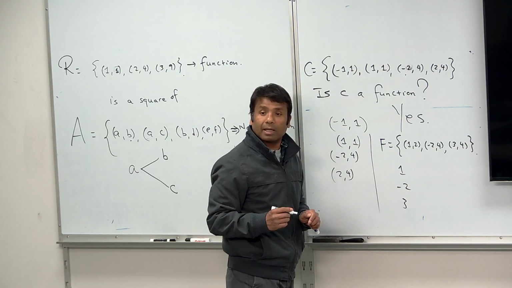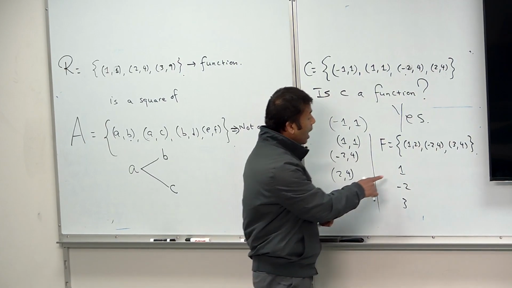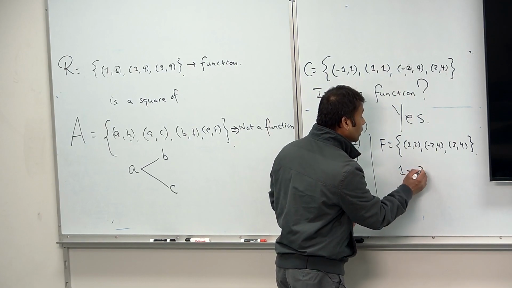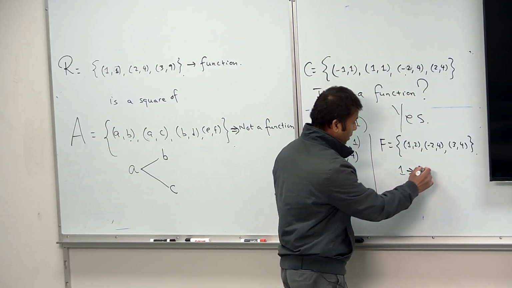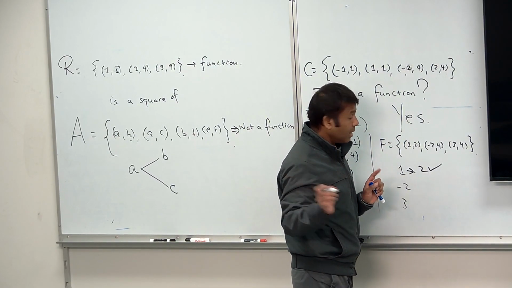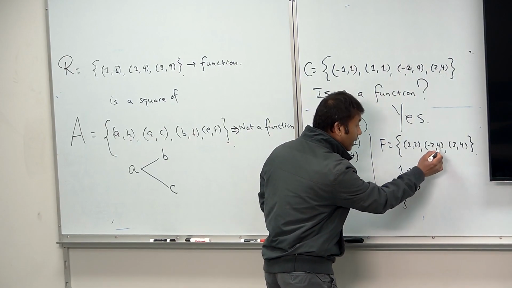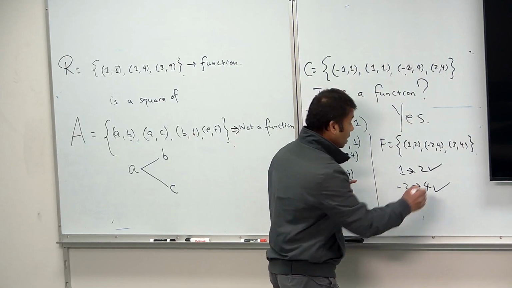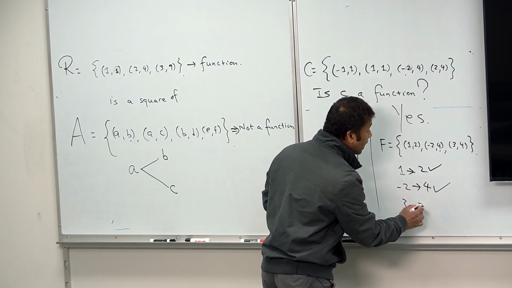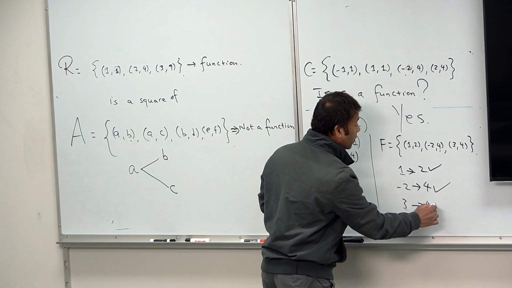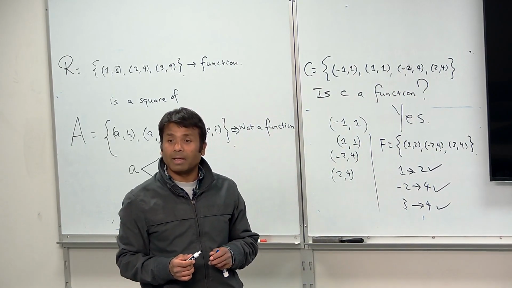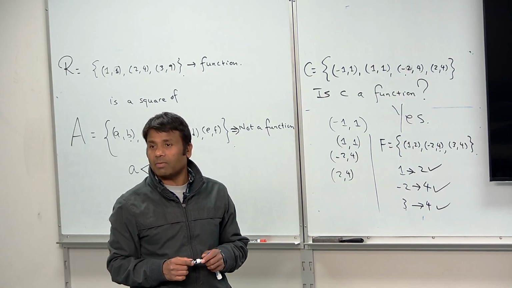So 1 corresponds with exactly one y value, 2. This is good. And negative 2 corresponds with exactly one y value, 4. This is good. This 3 corresponds with exactly one y value, 4. This is true. So what do you think? Is this a function or not? It is a function.